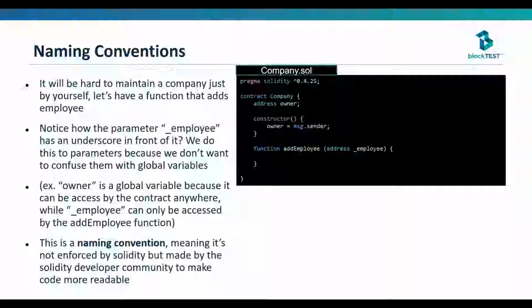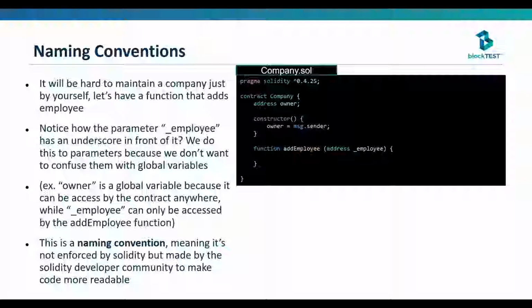We would also want to have some function in the contract because it doesn't make sense otherwise. So we will first add the functionality to add a new employee. In order to do that, we would need to have the address of the employee. So we will define a function called add employee, and this would take an address, and the name of the variable is employee.